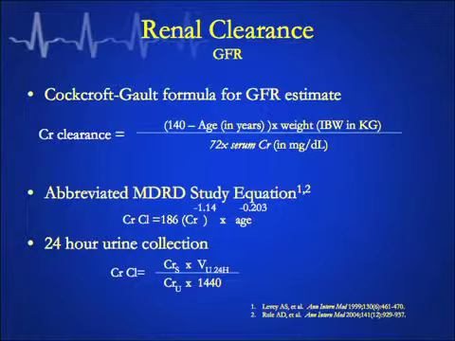The other one is MDRD, modification of diet in renal disease. This is the name of that study. It's very hard to calculate. I use a computer to calculate the GFR using this formula.